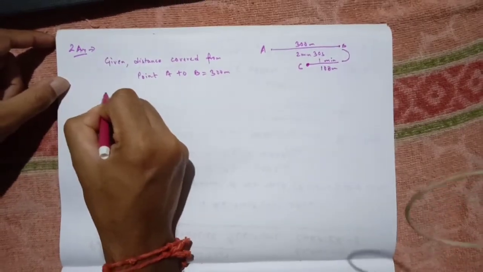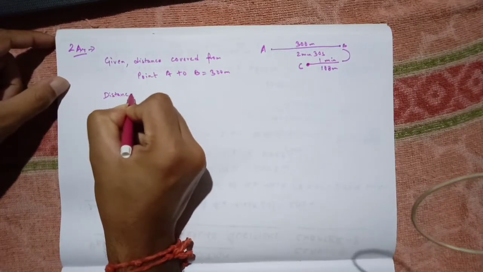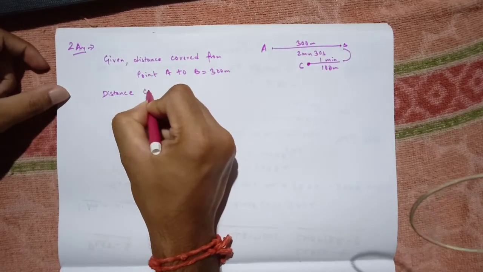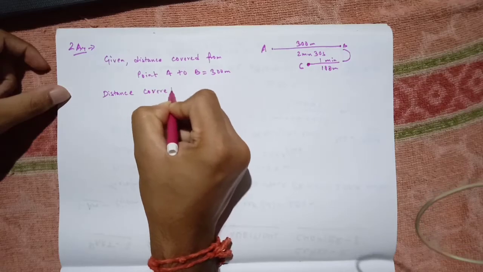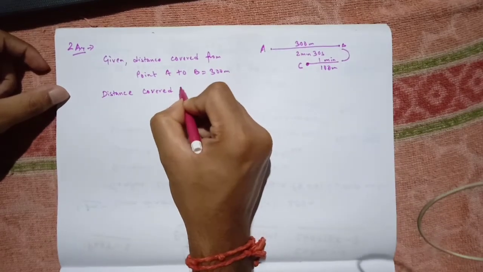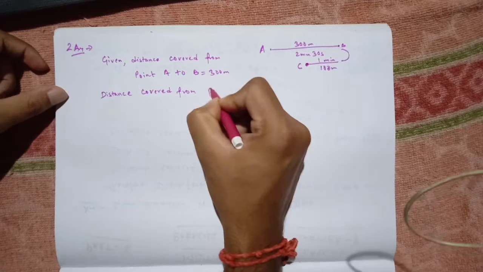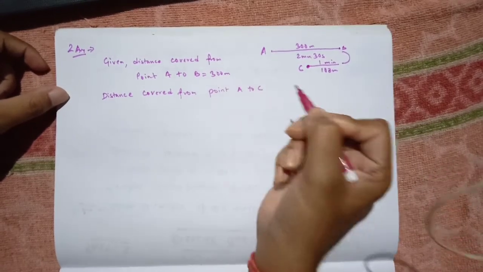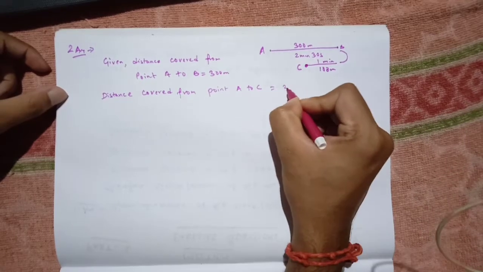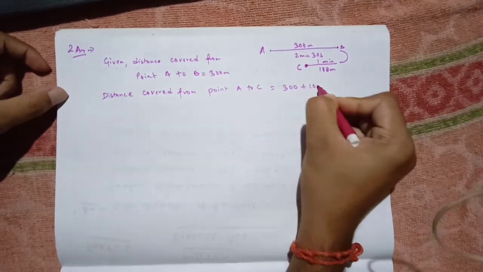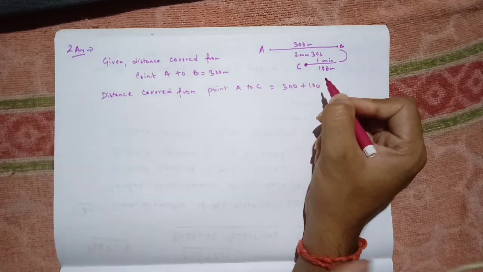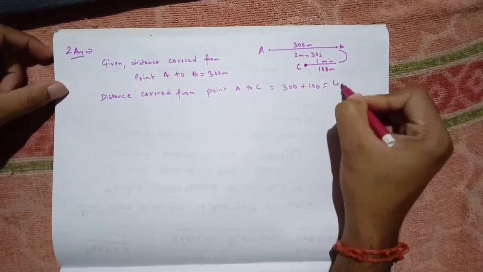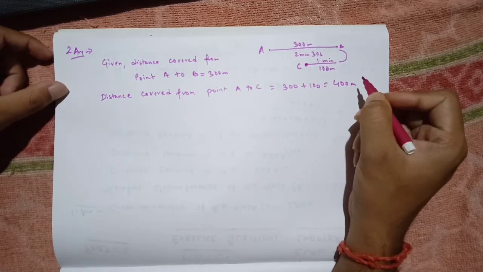Then the distance covered from point A to C, which will be 300 plus 100, which is equal to 400 meter.